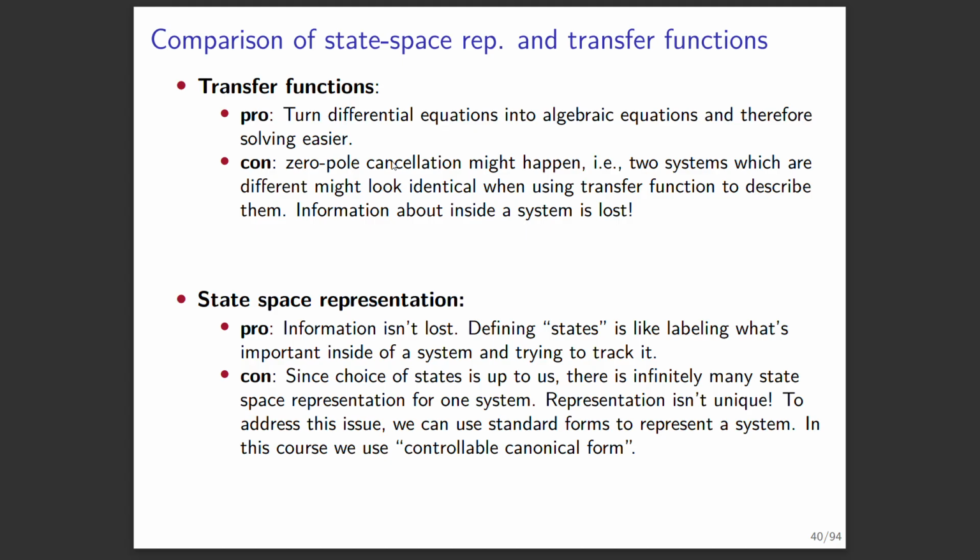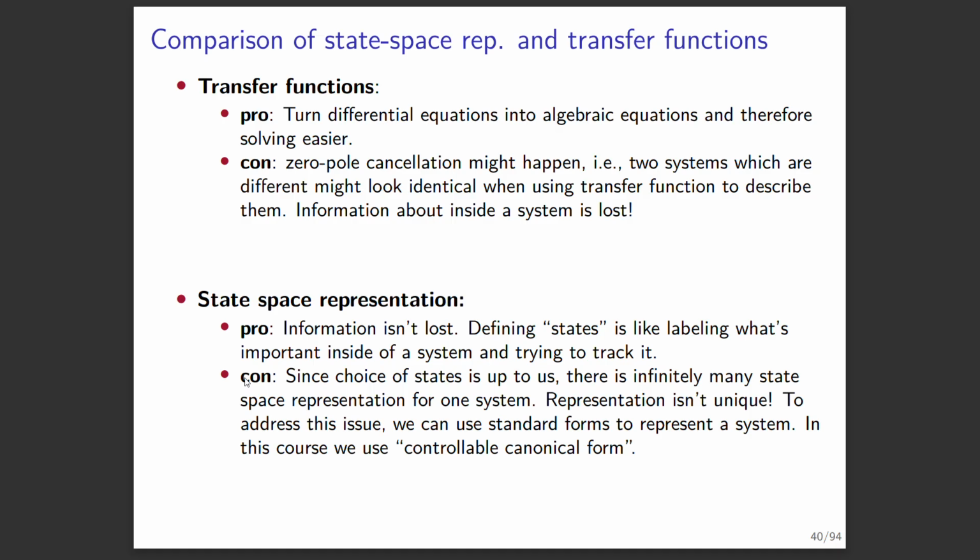So the alternative is state space representation. Information isn't lost. The definition of a state is as if you're defining or labeling parts of the system that you care about, and you're going to keep track of them. What is the con?